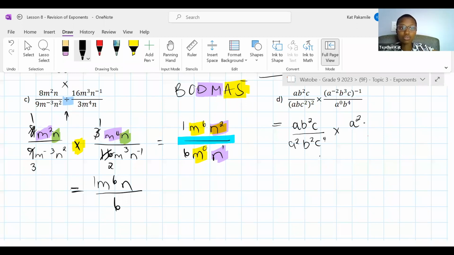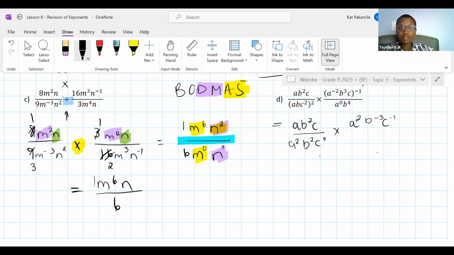Yes, that's true. And then we have b negative 3 to the power negative 3. And then we have c to the power 1. You have to distribute the negative to c as well, so it becomes negative 1. You were right the first time you said it. You see that?